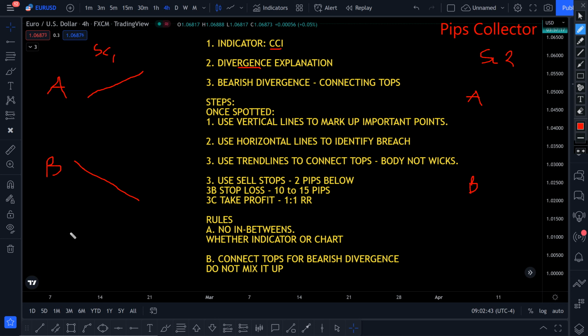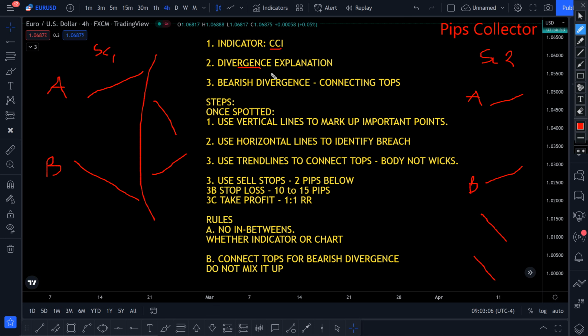Conversely, if the chart is moving downwards and the indicator is moving upwards, again we are experiencing divergence. But if the chart is moving upwards and the indicator is moving upwards, there is no divergence. If the chart is moving downwards and the indicator is moving downwards, there is no divergence.